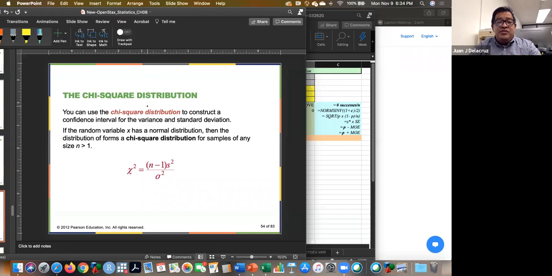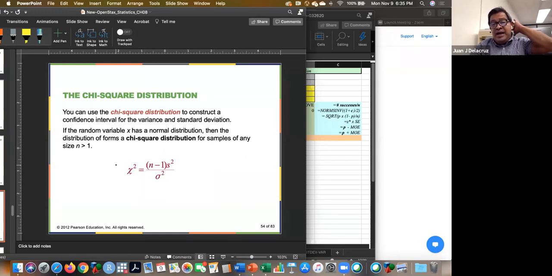You can use the chi-square distribution to construct a confidence interval for the variance and the standard deviation. If the random variable has a normal distribution, then the distribution forms a chi-square distribution for samples of any size n greater than 1.